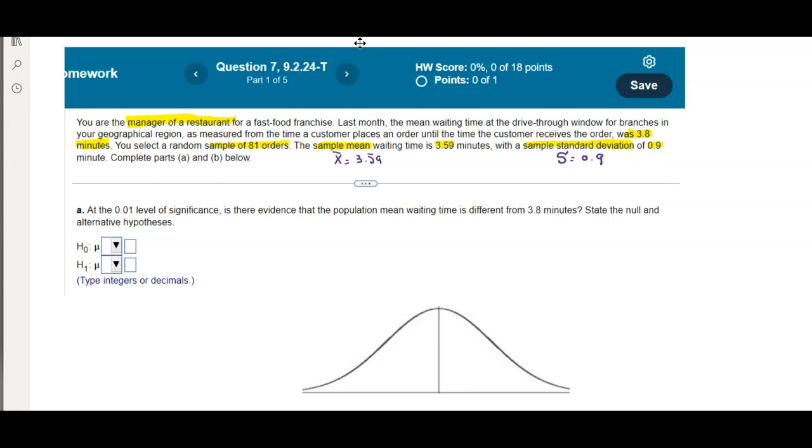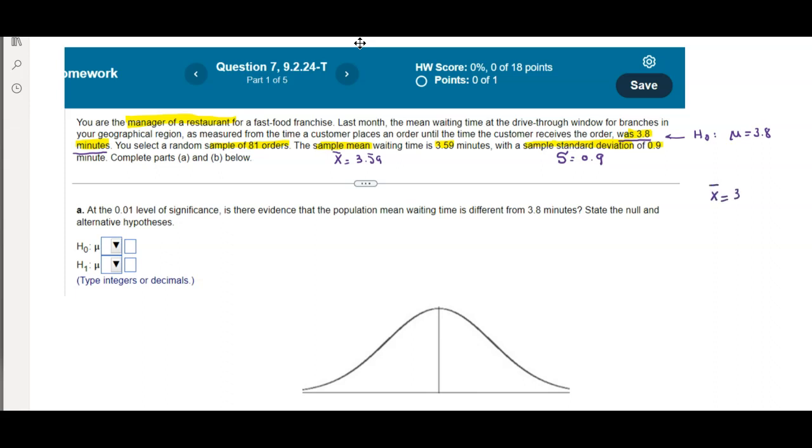This is the X bar, it's going to be 3.59. And this statement over here is your H0, which is the mean equals 3.8, and that's the claim, right? That's what we want to verify. So now let me put all the information we have on the side.